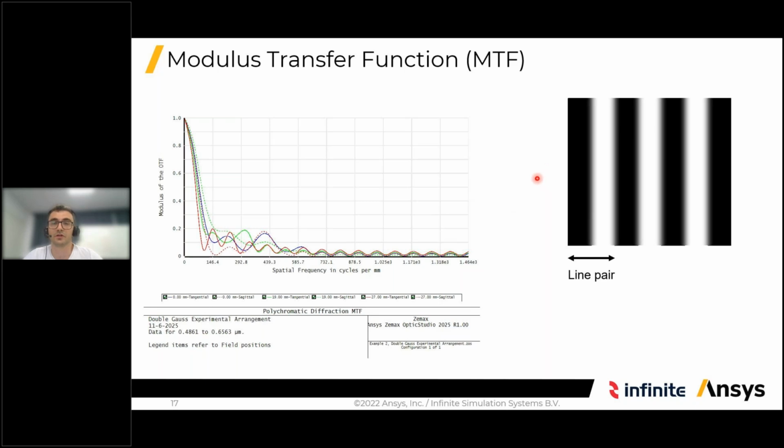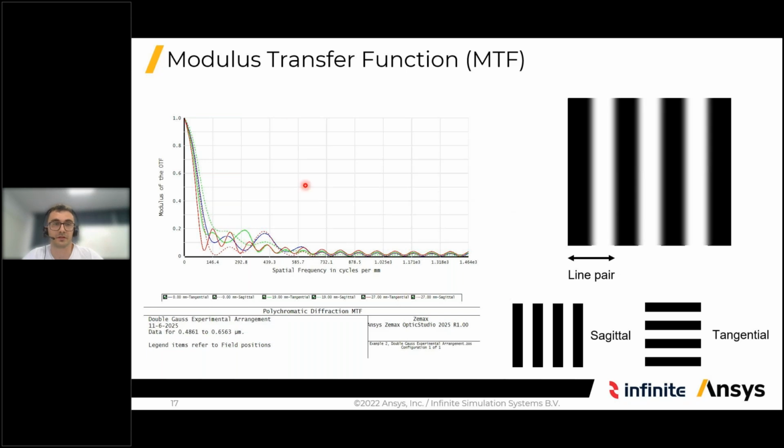And the amount of blurriness depends on the frequency of these line pairs in cycles per millimeter. So a high MTF is good. That means you have a good contrast, and a low MTF is not so good. That means that your image has become blurry. And in the MTF, we have both the sagittal and the tangential direction, and we do it for all the different fields.